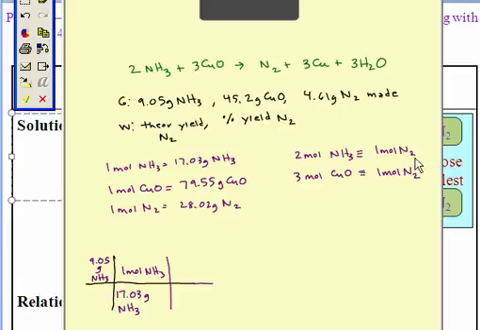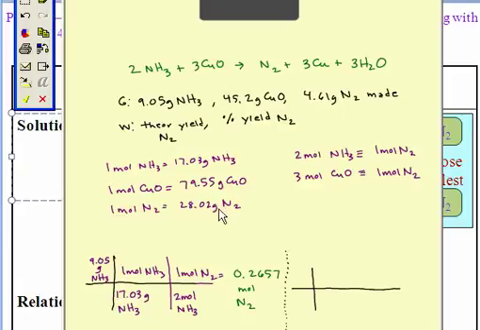I can figure out how much nitrogen I'll make based on my stoichiometric coefficients from the balanced equation. So if I look at my math, my grams of ammonia cancel out, my moles of ammonia cancel out, my final units are moles of nitrogen, and when I have 9.05 grams of ammonia, I'll get 0.2657 moles of nitrogen.